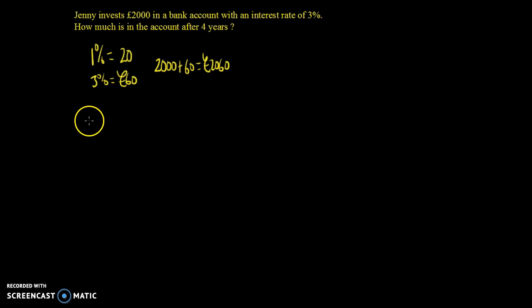So when we get to the second year, now it's not 1% of the original amount, it's now 1% of the amount that's in the account at the end of the first year. So for the second year, we want 1% of this, so divide this by 100.